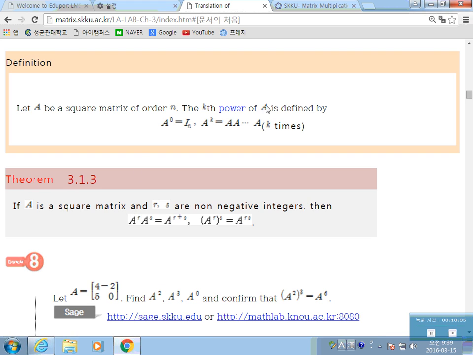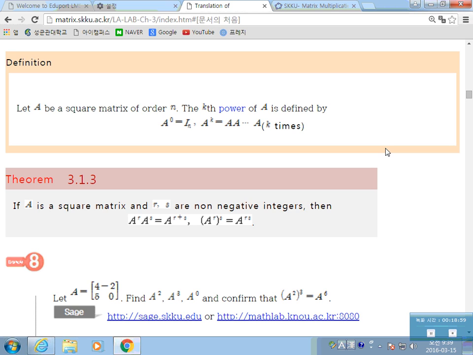Next, power of a matrix. The k-th power of a matrix is defined in this way. When you multiply the same matrix k times, it can be written like this, and the zeroth power of a matrix is going to be the identity, like for real numbers. 5 to the 0 power was 1, like this.